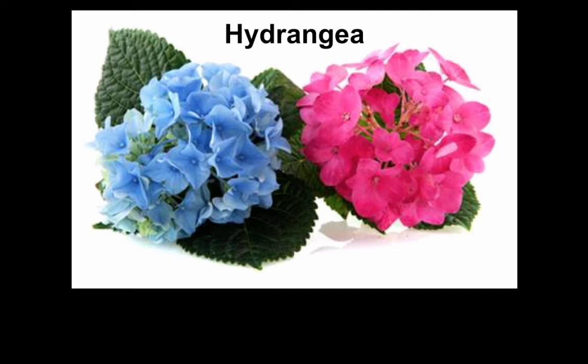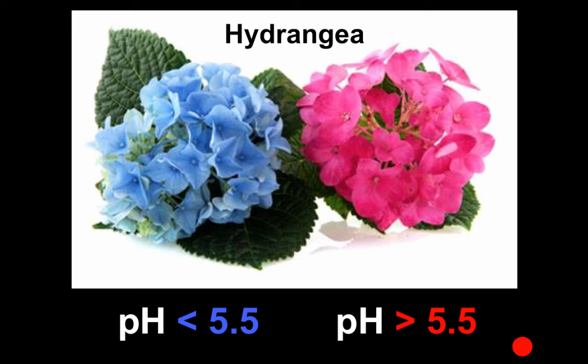The only difference is the pH of the soil that they're grown in. If the soil is below 5.5, it'll be blue. If it's above 5.5, it will be pink. So exact same genetics creates a different looking trait based on an environmental difference, in this case pH.